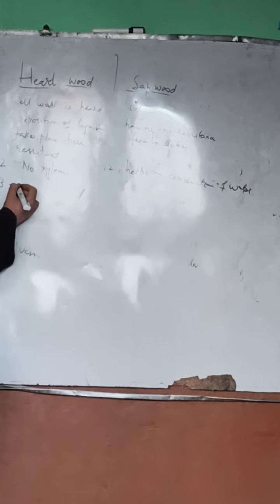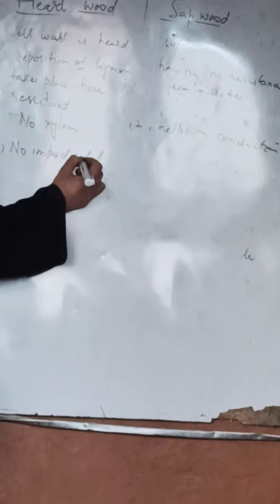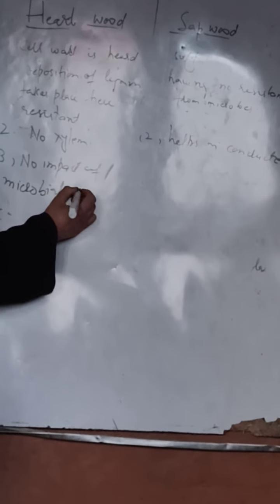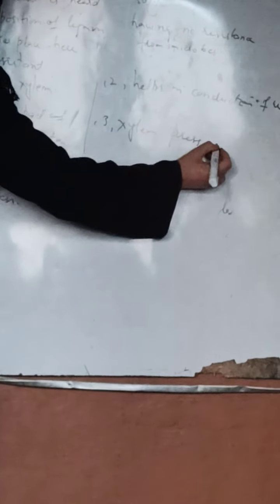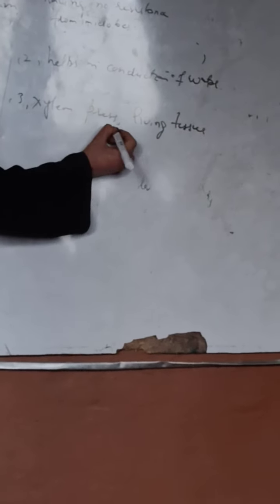In case of sapwood, xylem is present, and it helps in conduction of water. Living tissues are also present.